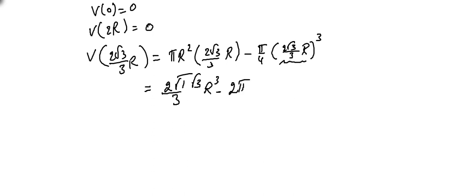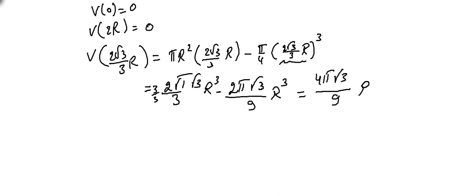Pi will be pi, this is 3 radical 3 after cubing it over 27, so it's radical 3 over 9, and we still have R cubed. And the final answer after multiplying with 3 over 3, 6 pi minus 2 pi, we end up with 4 pi radical 3 over 9 R cubed.